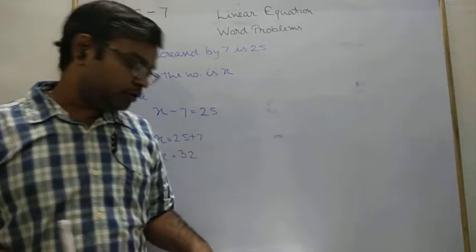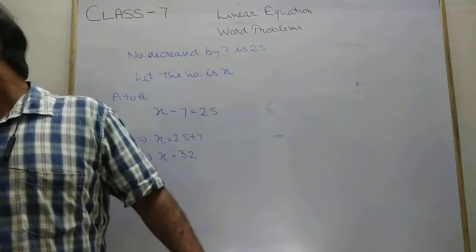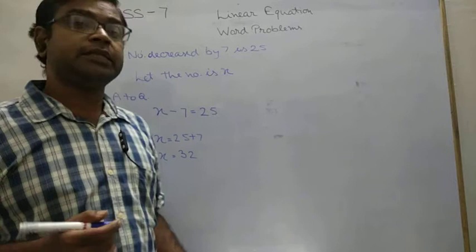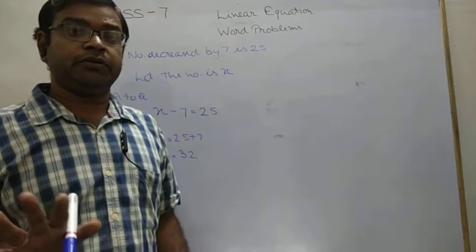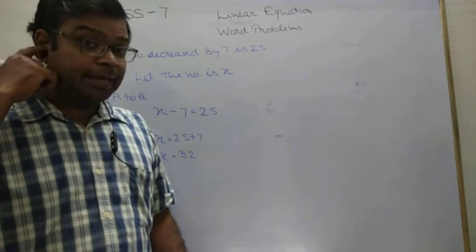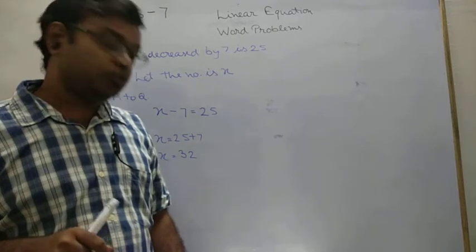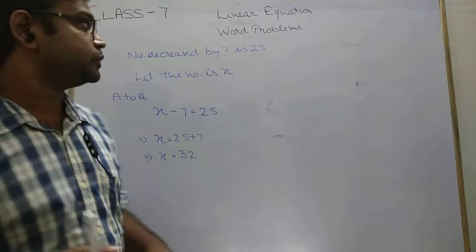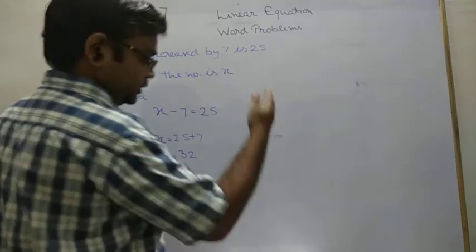I will go to the next question so that you are able to understand. The number is multiplied. The number is not given to you, that is your x. The number is multiplied by 2 and 8 is added to the product. The result is 50. Okay, I am writing it on this side.